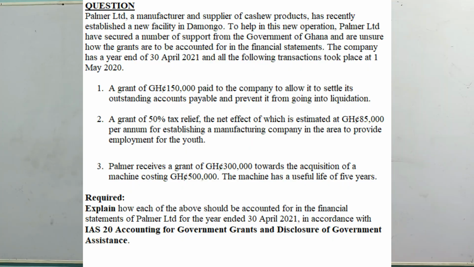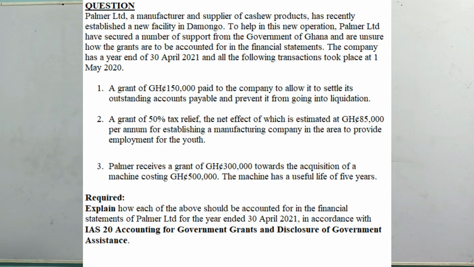So first one, a grant of 150,000 Ghana cedis paid to the company to allow it to settle its outstanding accounts payable and prevent it from going into liquidation. So that is the first grant that we are going to talk about. 2, a grant of 50% tax relief, the net effect of which is estimated at 85,000 Ghana cedis per annum, for establishing a manufacturing company in the area to provide employment for the youth.